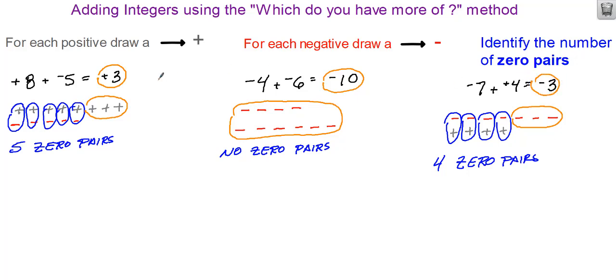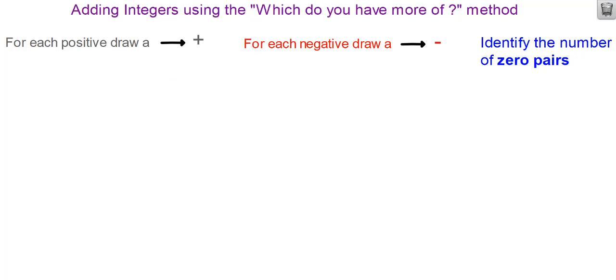Okay, so you're going to go ahead and go to the next row on your paper. So here's that next row on your paper. You have these 3 problems. Negative 10 plus positive 3.